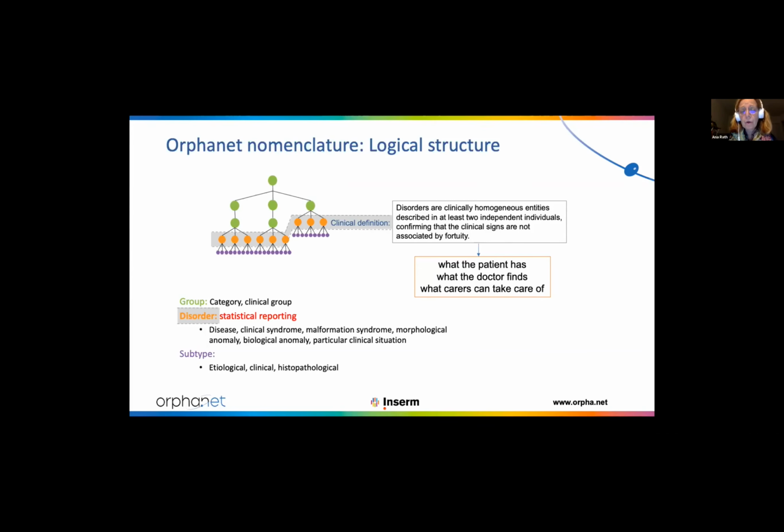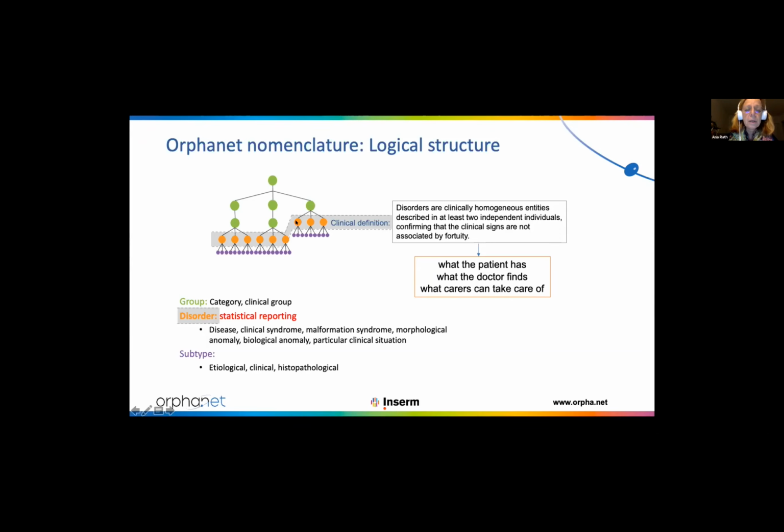The nomenclature follows a logical structure, so the 6,000, as I said, follow the clinical definition. Why this definition? Because it is the most comprehensive one, really covering all rare diseases, genetic and non-genetic, whether the cause is known or unknown, because the clinical definition describes what the patient has and what the doctor sees, and that is the most universal one.